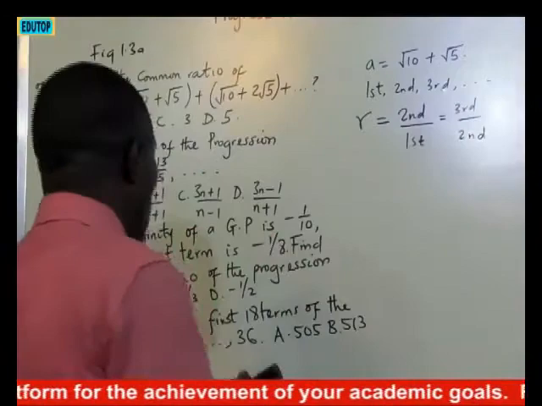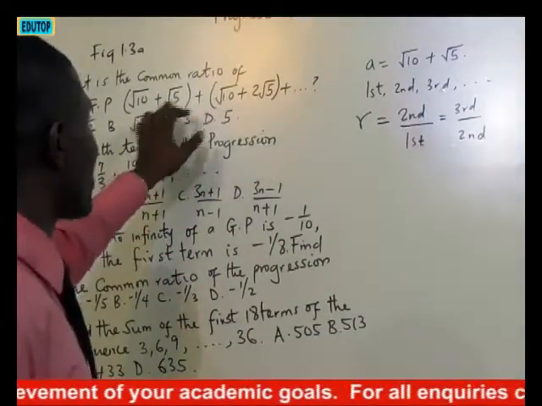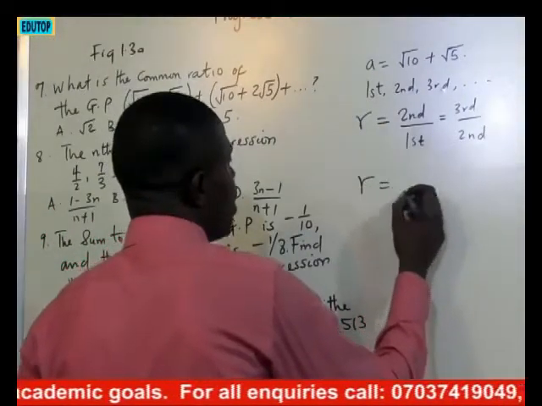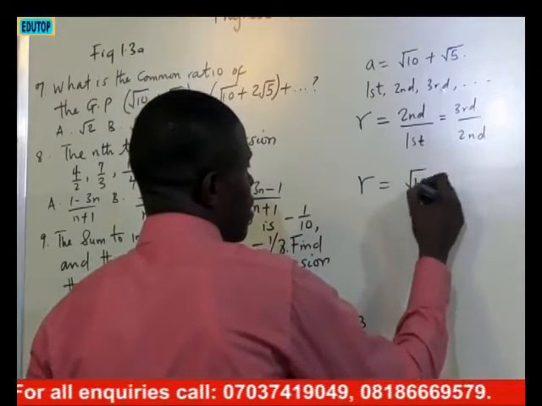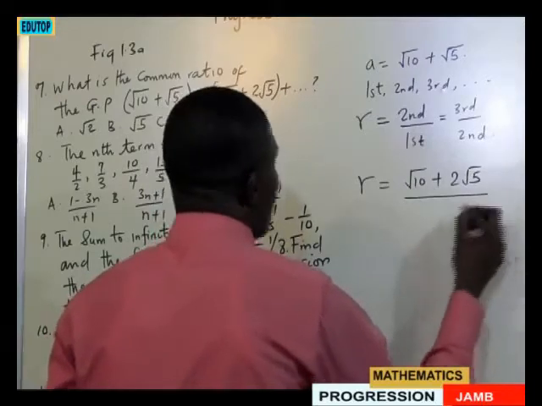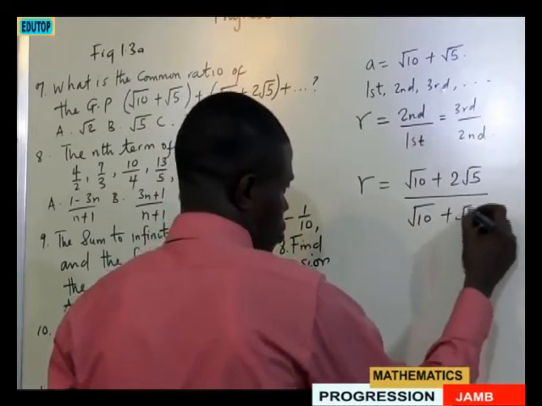But here we are only given two known terms, the first and the second. So our common ratio will be equal to the second term, root 10 plus 2 root 5, divided by the first term, which is root 10 plus root 5.